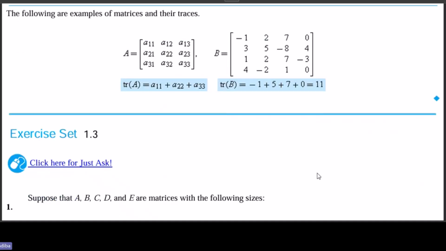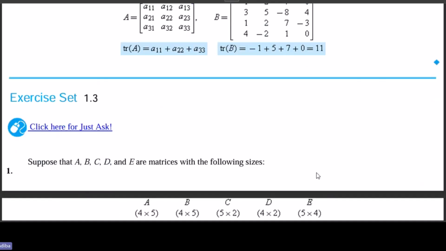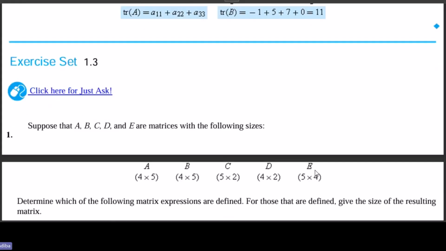In this exercise set 1.3, please suppose that A, B, C, D, and E are matrices of the following sizes.